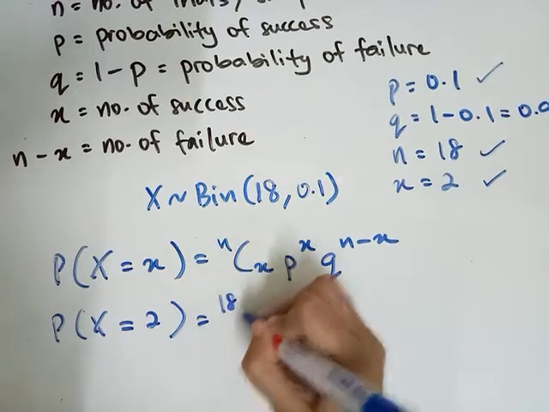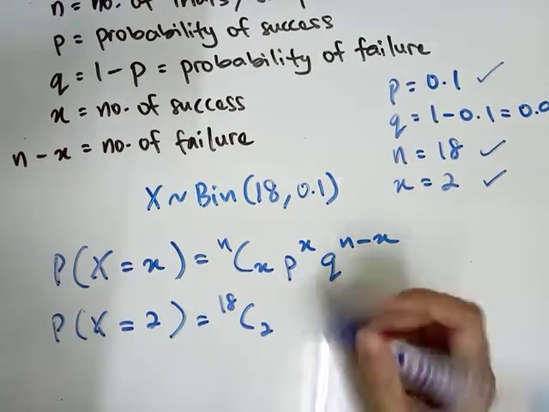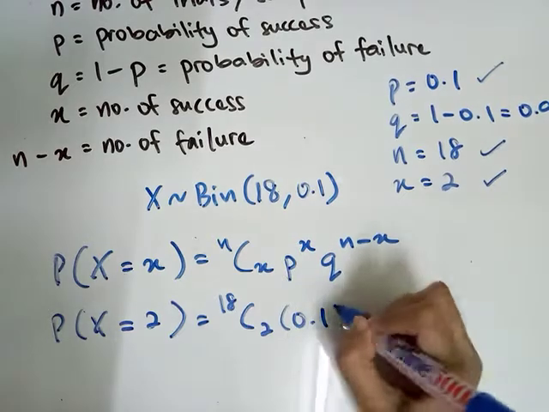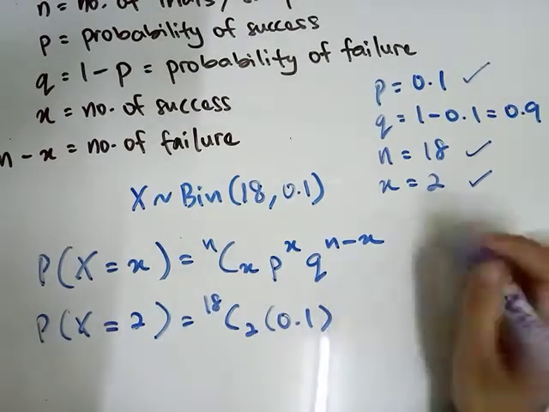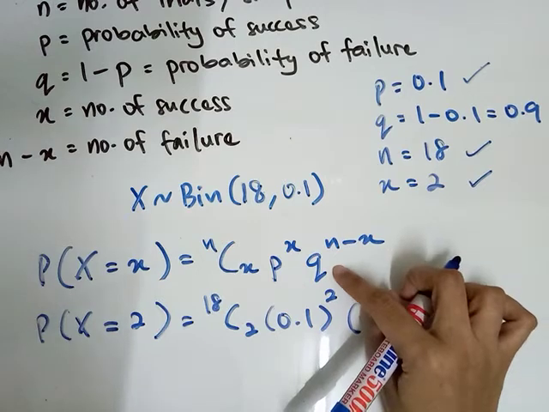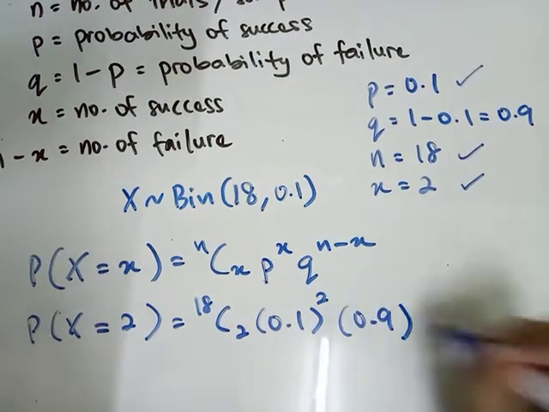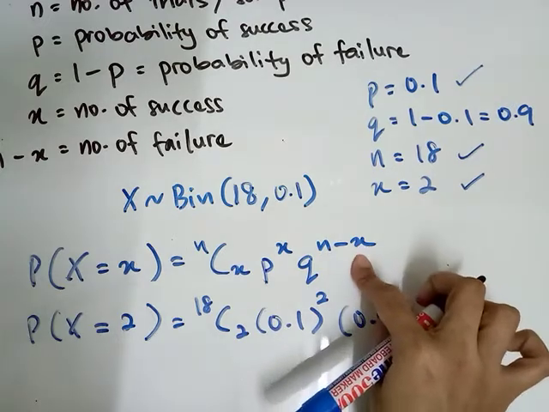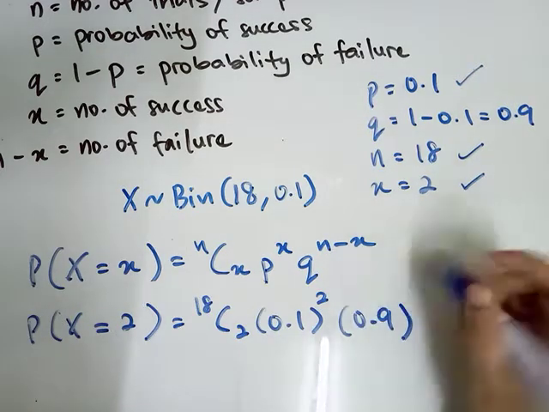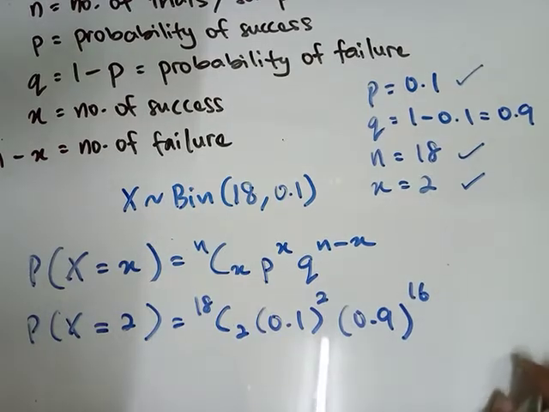So 18C2 times probability of success, which is 0.1 power X, which is 2, times Q. Q is probability of failure, which is 0.9 power N minus X. The number of failure, which is 18 minus 2, you will get 16.